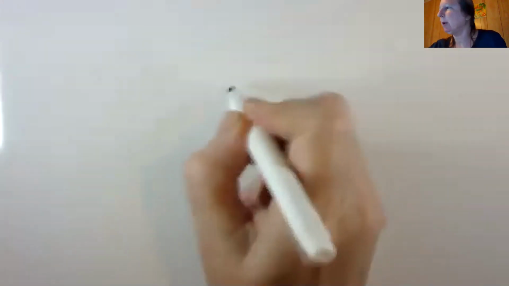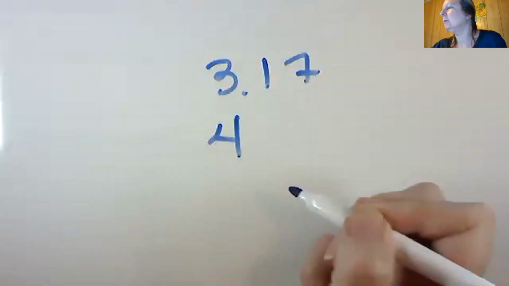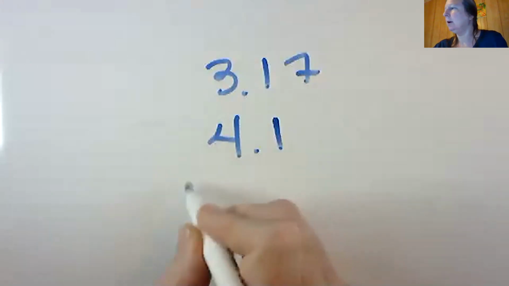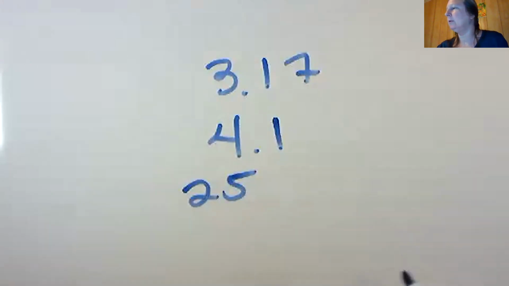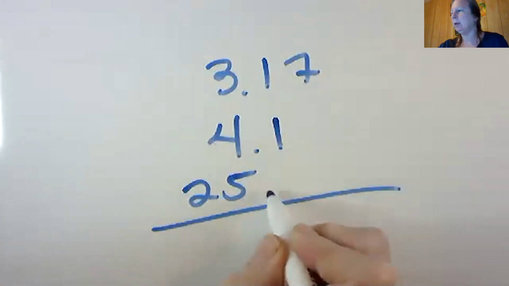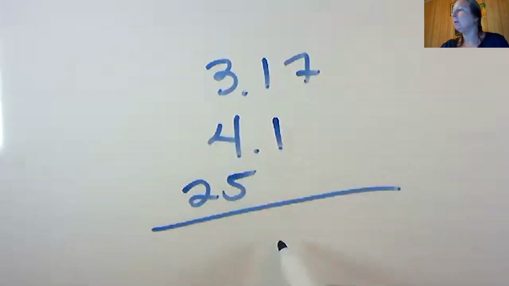So let's just make up some numbers. So 3.17, 4.1, and 25. All right. You line them up. There's an invisible decimal point here. You line them up so that the decimal points are in a line.